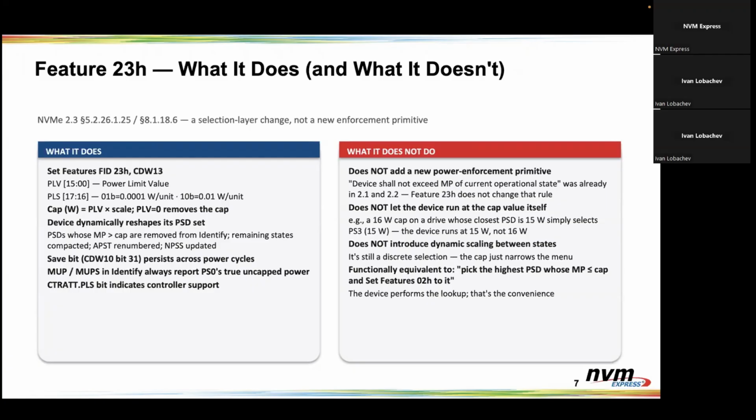So for example, if you set a 16-watt cap on a hypothetical example drive, you would have a drive that's running at 15 watts, because that is the maximum power defined by the power state of that device, not 16 watts as the cap defined by the host.